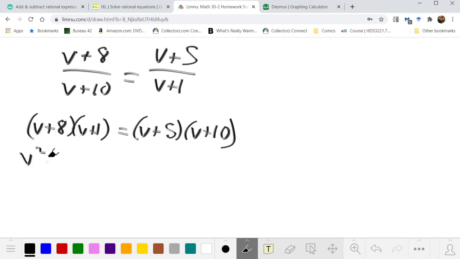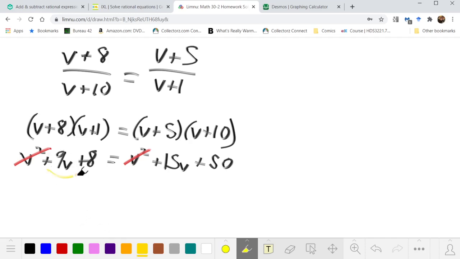So the left-hand side is v squared plus 9v plus 8. Our right-hand side is v squared plus 15v plus 50. Our v squared terms cancel out. So since we're not going to be solving a quadratic, I will move our v term to the one where we have the greater coefficient and our constant to the other side.